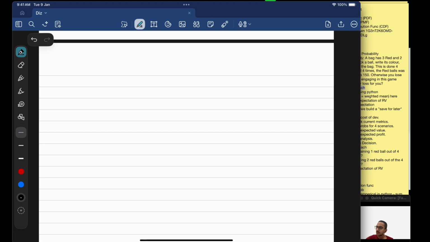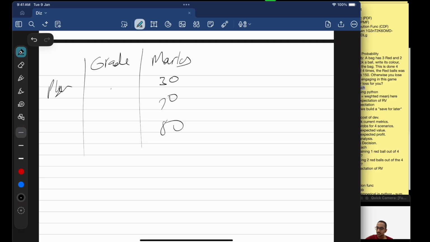So, if you have a GPA, let's say, you'll have grade and you'll have marks. So, suppose you got 30 marks, you got 70 marks, you got 80 marks. Maybe these subjects are physics, chemistry and maths, right?